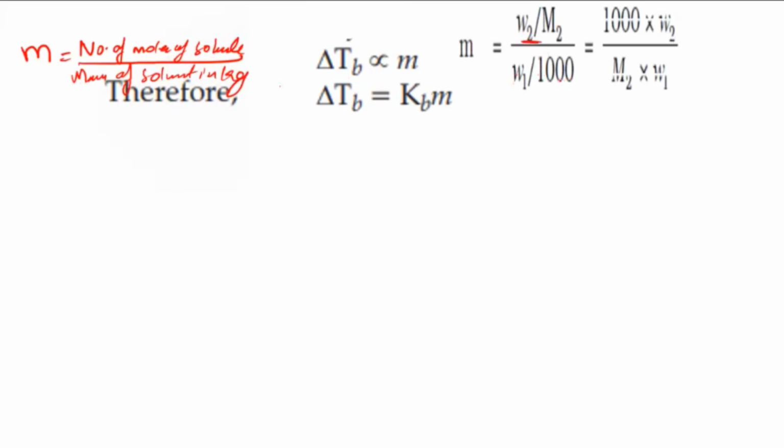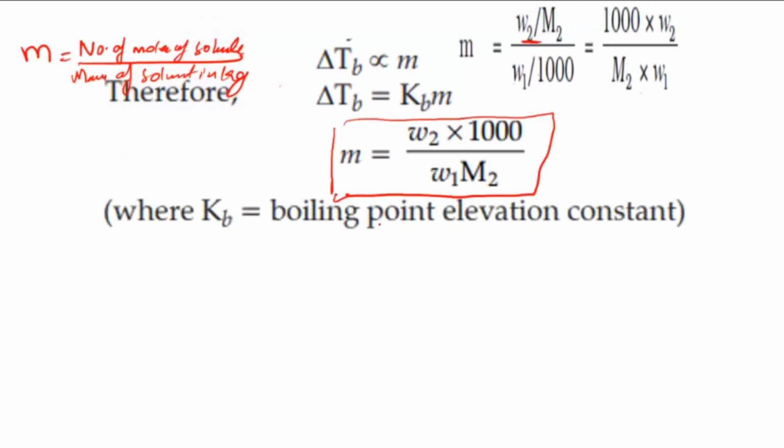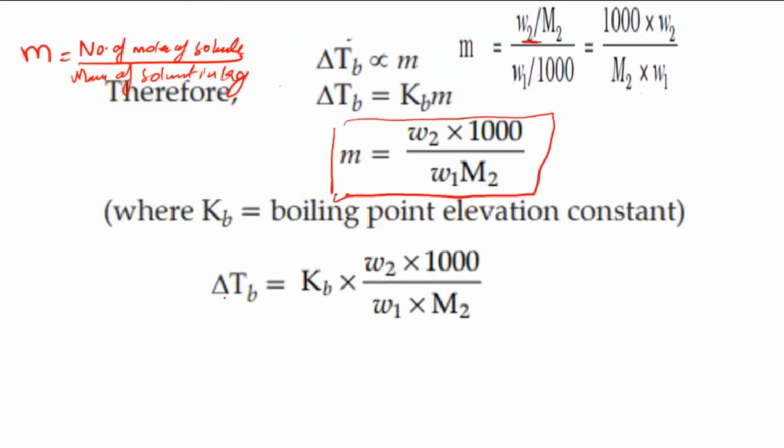Then you can rearrange them and write molality as W2 into 1000 divided by W1 into M2. I have substituted that again here, so delta TB is equal to Kb times this molality value. We have substituted it here, so you will get the final equation for delta TB.